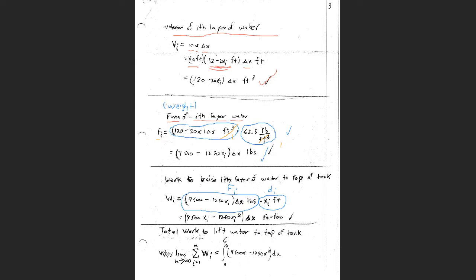And now we're going to get 7,500 xi minus 1,250 xi squared times delta x foot-pounds. Okay, foot-pounds.